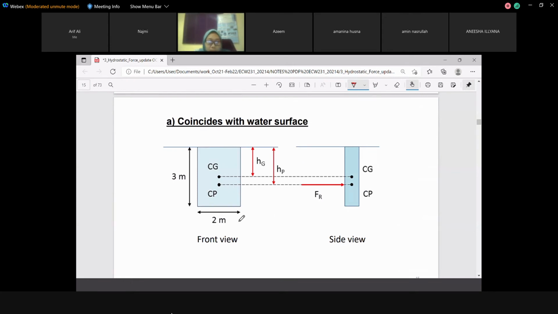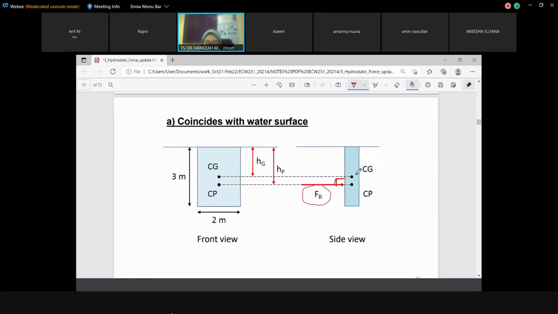So, kita ada front view, side view. So, you should be able to draw the force here. Force ni mesti perpendicular. Sebab ramai lagi yang tanya saya soalan. Untuk draw force ni mesti perpendicular to the plane ataupun to the structure.